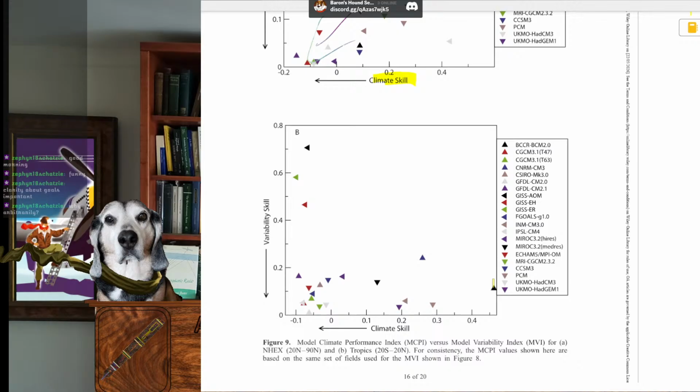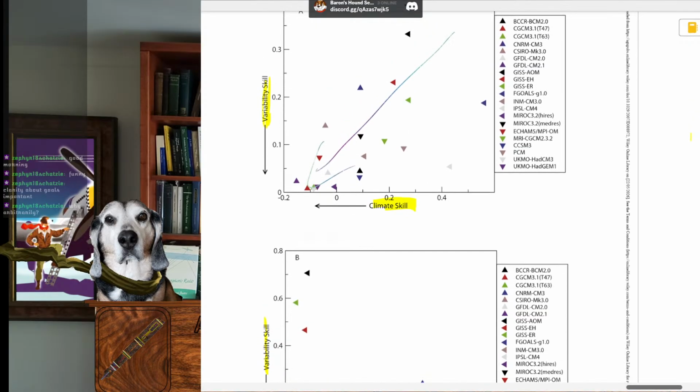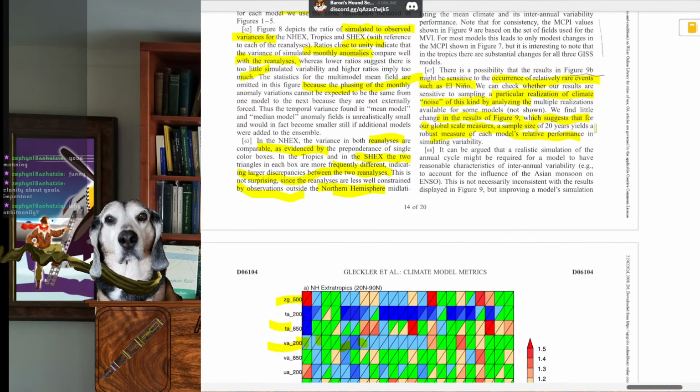Do extreme events massively change your metrics, right? Do these ratings change if some extreme event skews your data for a small period of time? And so what he's saying is, on the whole, it looks like no. Figure 9, which suggests for our global scale measures, a sample size of 20 years yields a robust measure of each model's relative performance in simulating variability.